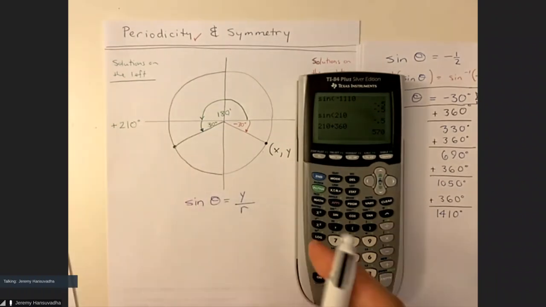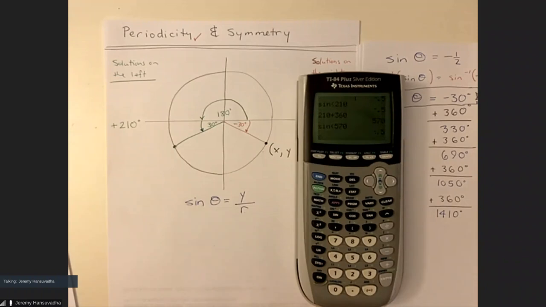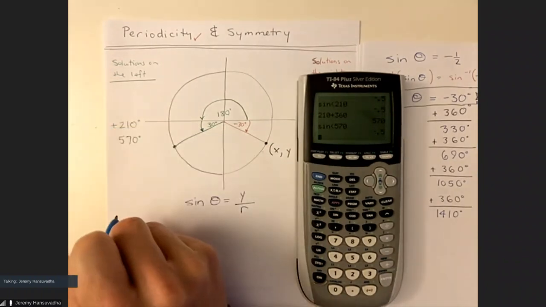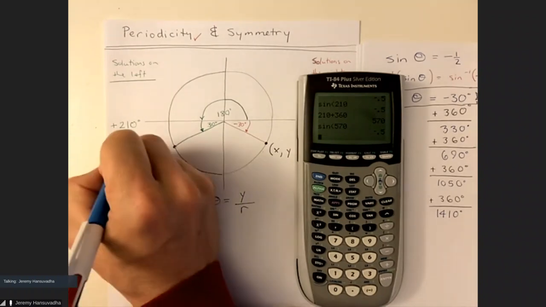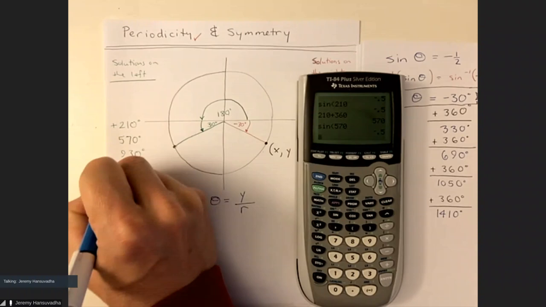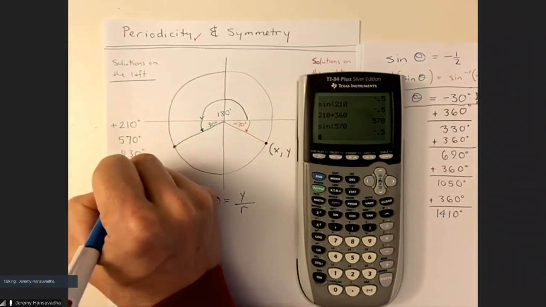Let me just check the sine of 570. Look at that, exact same ratio. And I could keep adding 360 to this. 360 to this is going to be 930. 360 to that will be 1290.